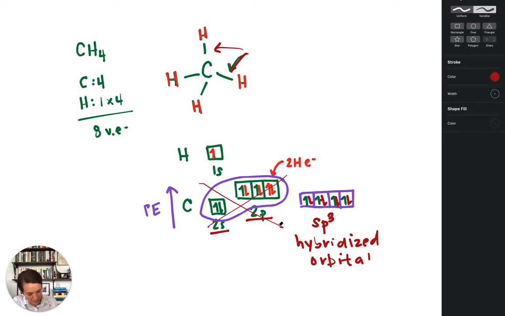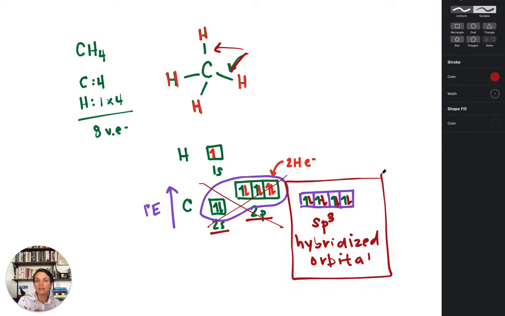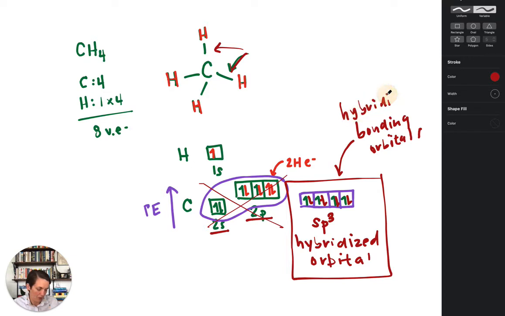Instead, this hybridization, the combining of native orbitals to create what are called our hybridized bonding orbitals, is a better representation of what is actually happening in our molecule.